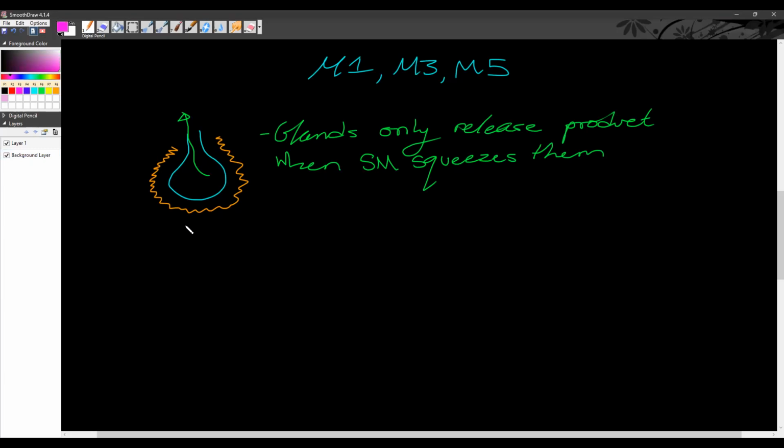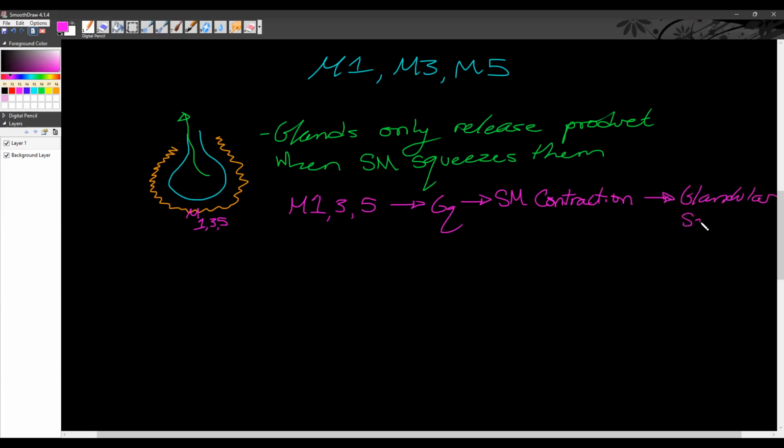On the surface of these smooth muscle cells, we have these M1, 3, and 5 receptors. And when these receptors are activated, Gq, we cause smooth muscle contraction, which is going to result in glandular squeezing.